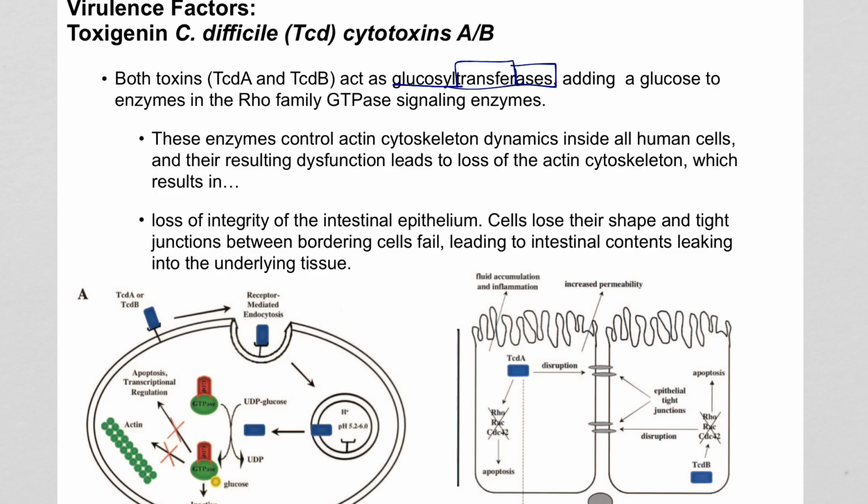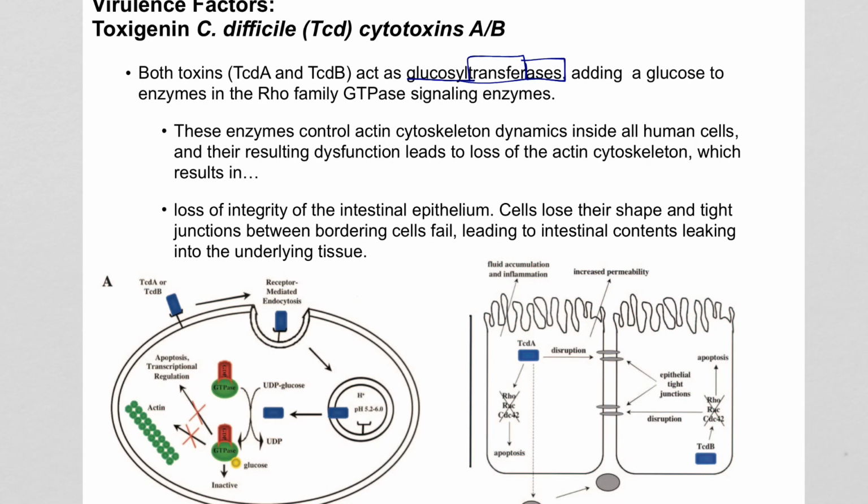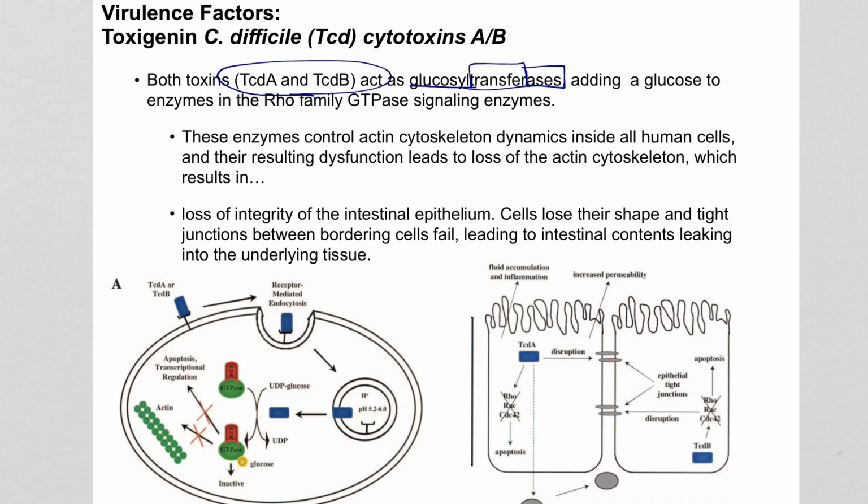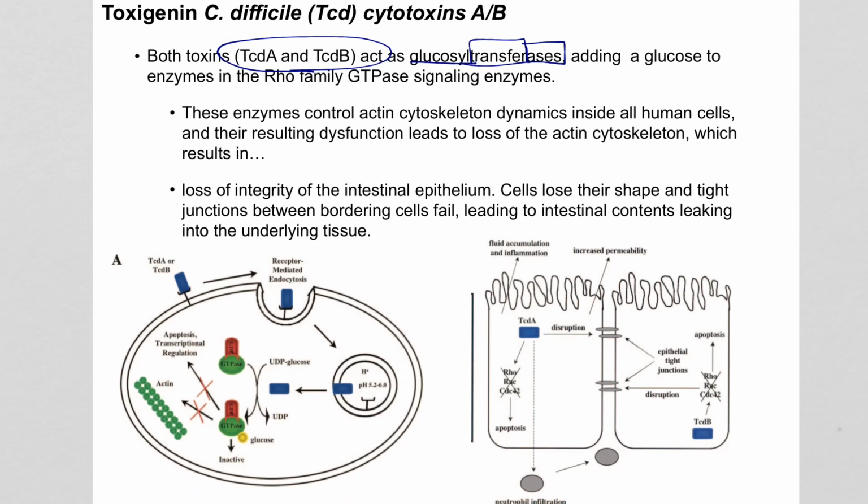They're essentially being glucosylated inadvertently. Here, C. diff produces enzymes that do it at rapid speed. And so instead of taking years and years to build up that level of glucose addition, it's happening very, very fast. The place that this is happening is inside the intestinal epithelium, the cells that line the GI tract.